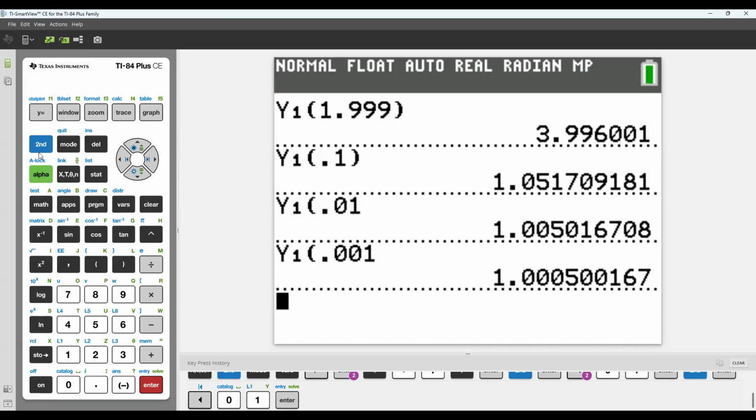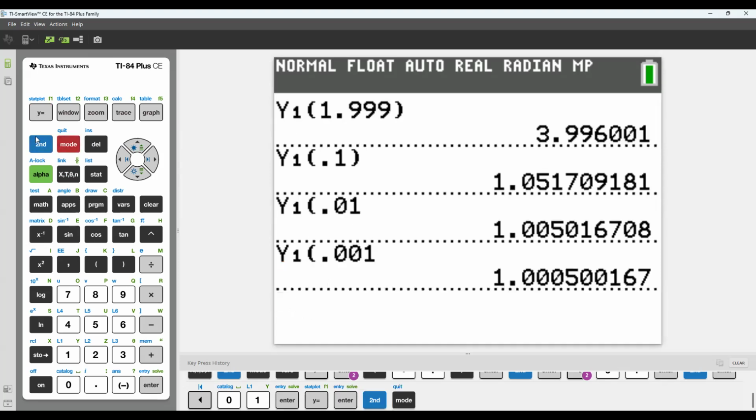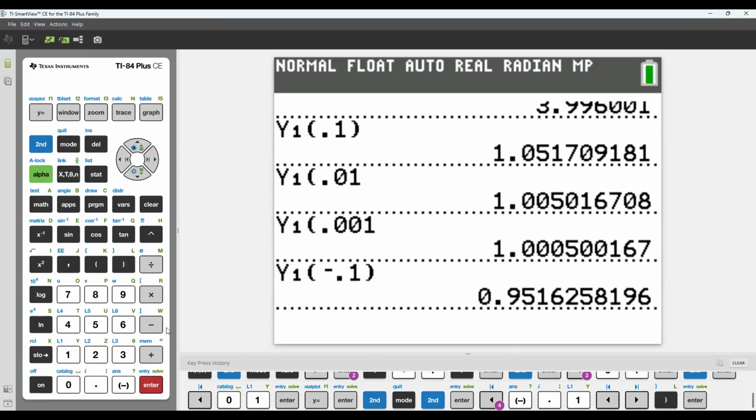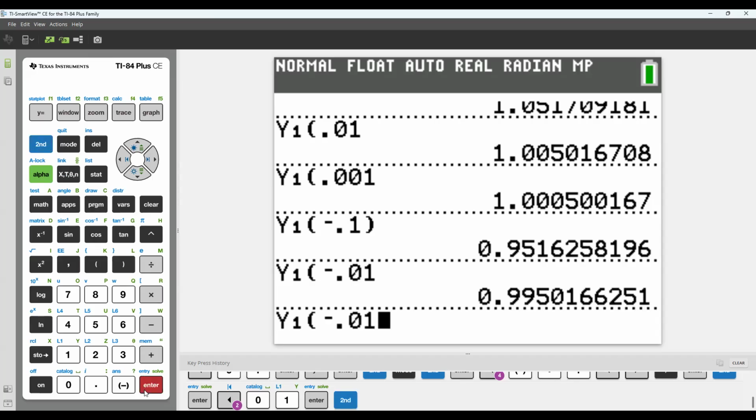How about if we work with negatives? Negative 0.1, negative 0.01, negative 0.001.